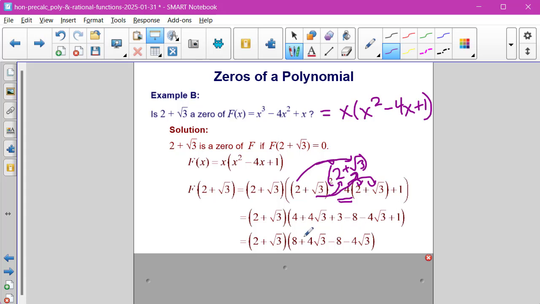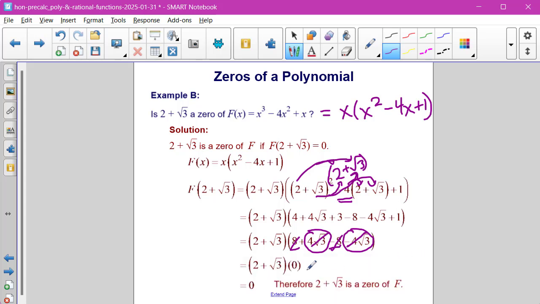It simplifies to be 7 plus 4 root 3 minus 8 minus 4 root 3. Oh, wait a second. These cancel out, and these two also cancel out, so we have 2 plus the square root of 3 times 0, which equals 0. Therefore, 2 plus the square root of 3 is a 0 of our function f.